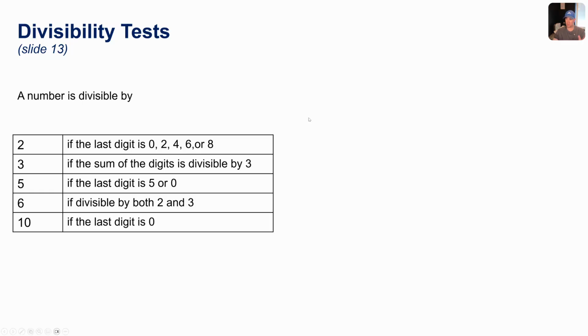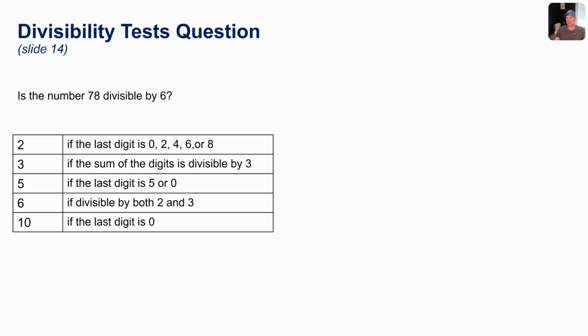We tested that earlier. If the last digit is 5 or 0, then it's divisible by 5. One that we haven't tested, and I'm going to spend a couple of questions on now, is the number 6. If a number is divisible by both 2 and 3, meaning it passed both those tests, it's divisible by 6. And if the last digit is 0, it is divisible by 10.